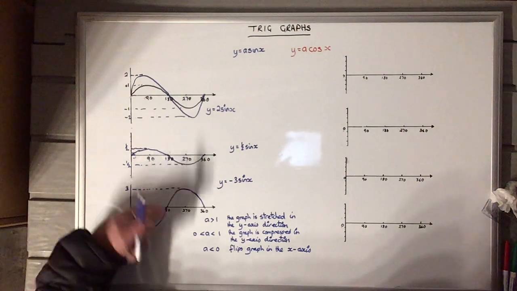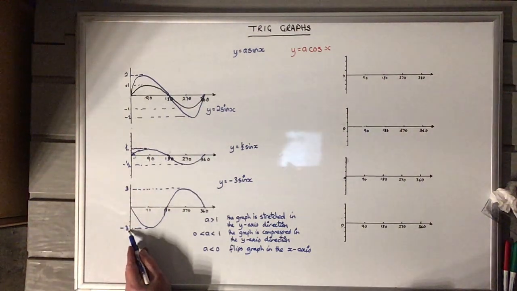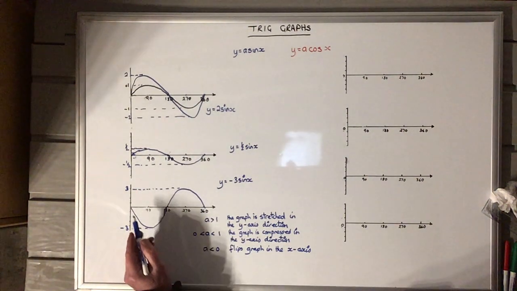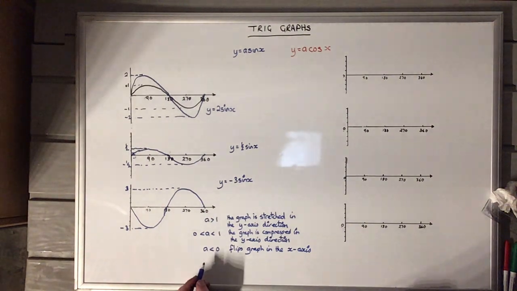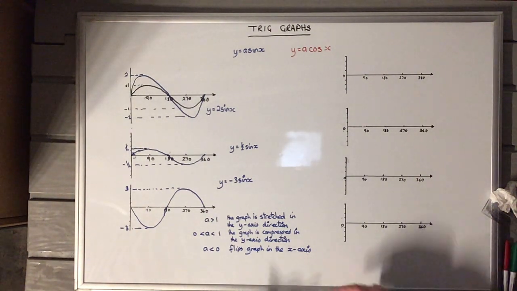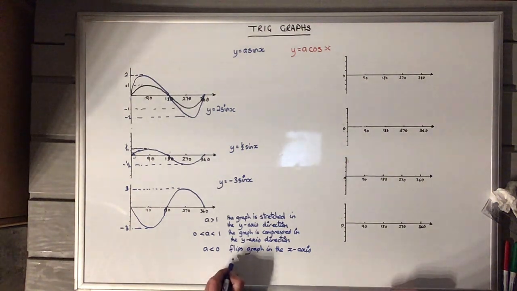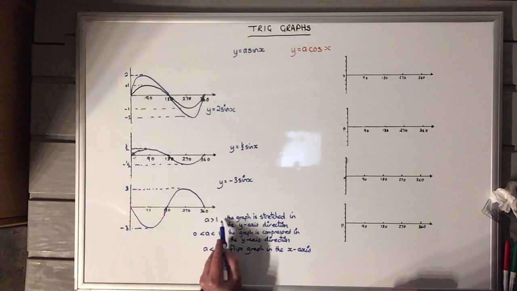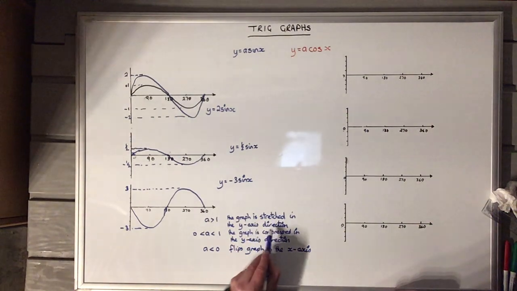So it's been flipped, and because it's -3, i.e. it's bigger than 1 in terms of the size of it, then it stretches. So it still stretches in the y direction.